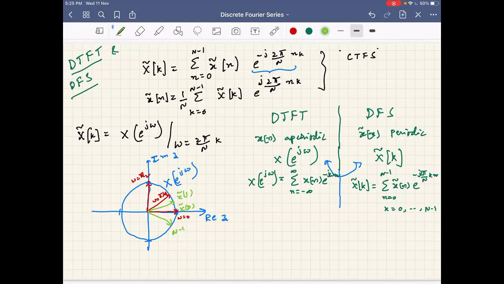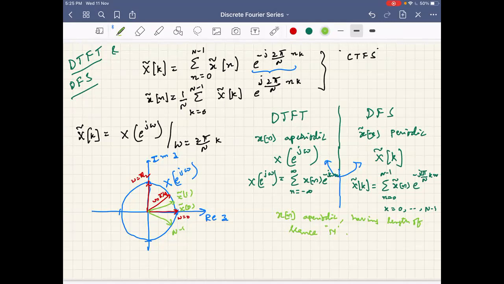So assume that x[n] is aperiodic, with length equal to M. If you start from 0, then 0 to M minus 1 are the possible non-zero locations of the signal.